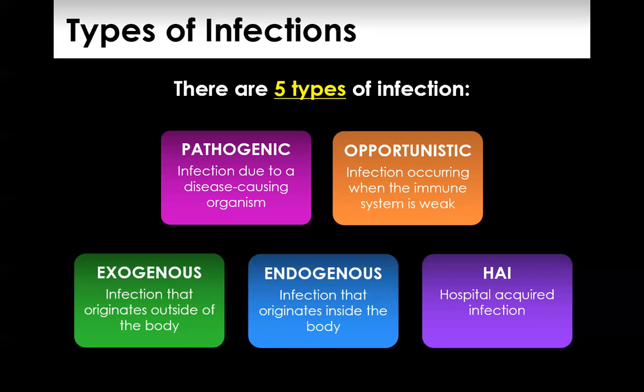Now, an exogenous infection originates outside of the body, and an endogenous infection originates inside the body. Your HAI is a hospital-acquired infection. You may also hear it called a nosocomial infection. In a clinical setting, a big thing that we're focused on is CAUTIs.